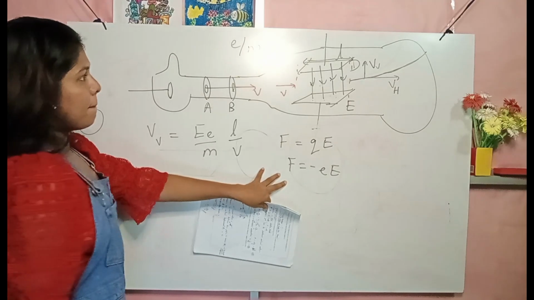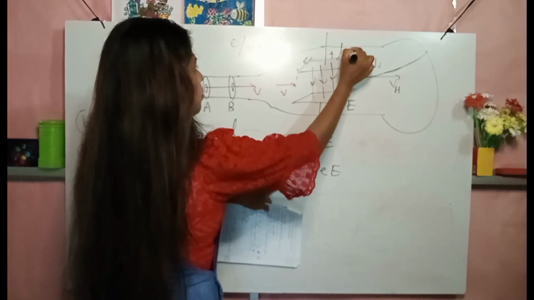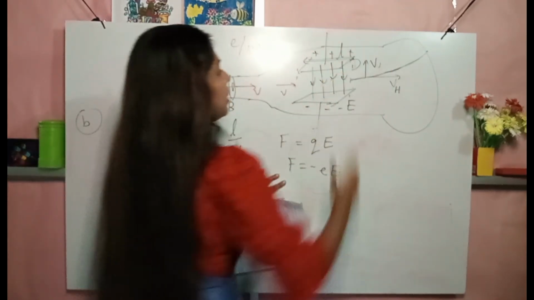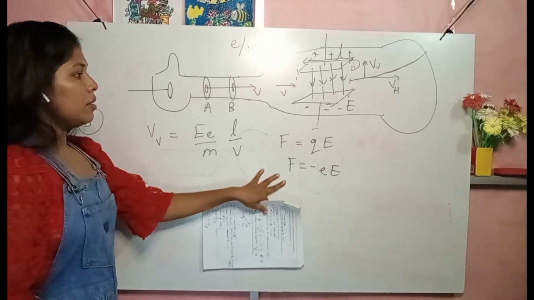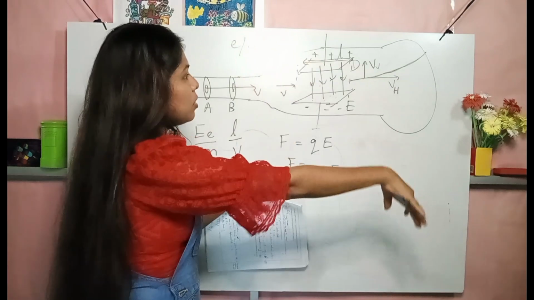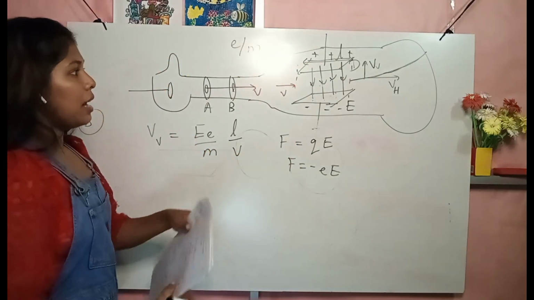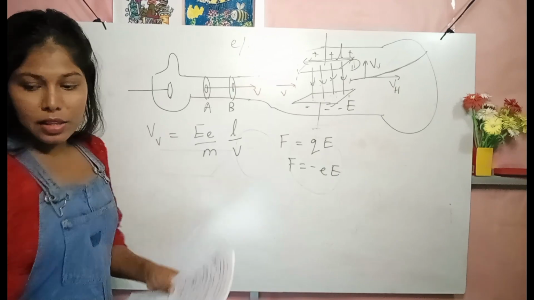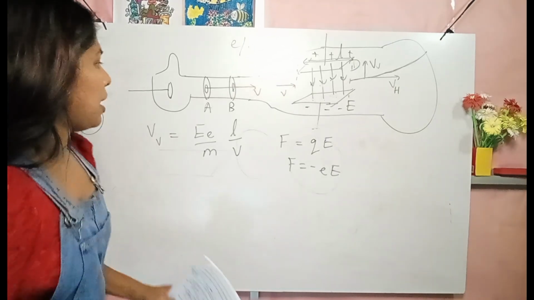Here, this is positive, this is negative, and the electrons can be considered moving like this, or else you can take it in this direction also. That depends on how you are taking the charge of the plates. Then we'll prove this equation.